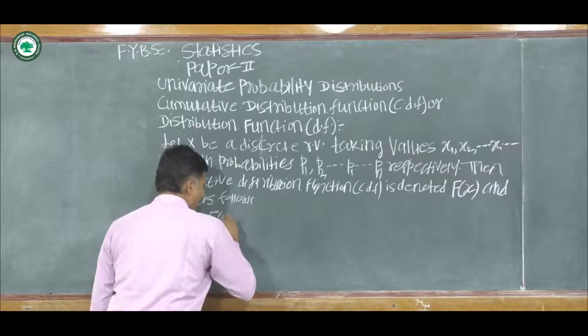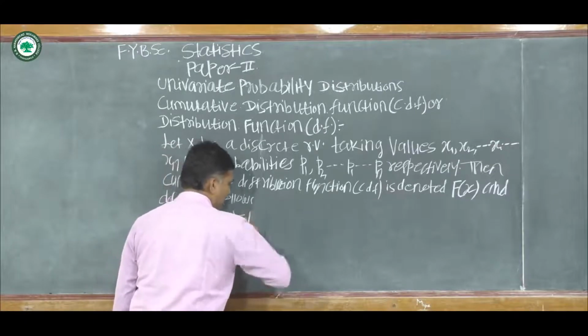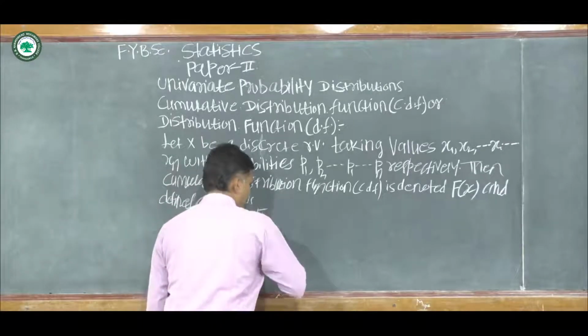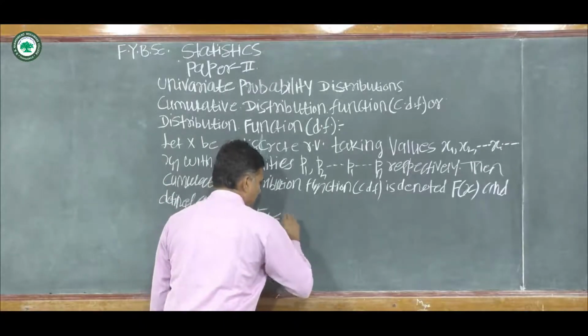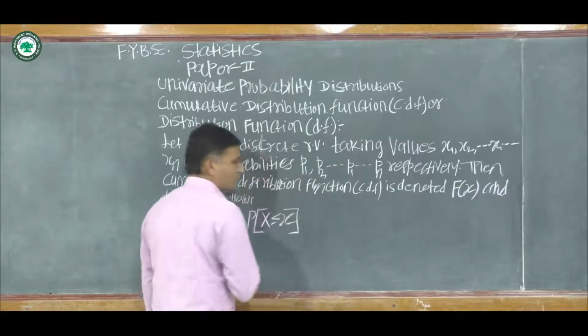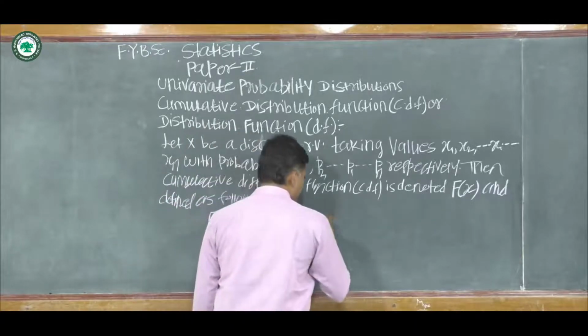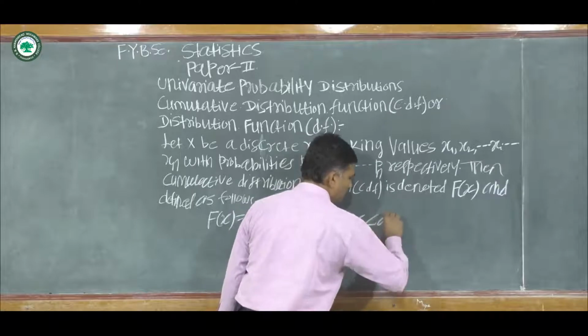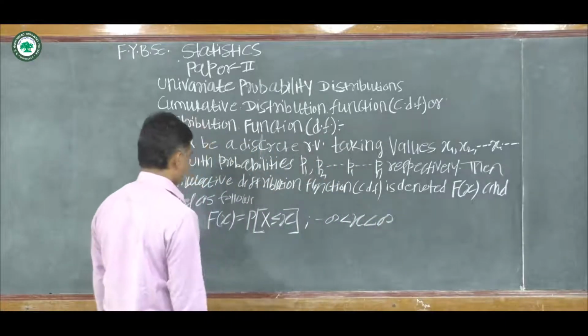Capital F of x is equal to probability of X less than or equal to small x. Here x lies between minus infinity to plus infinity.